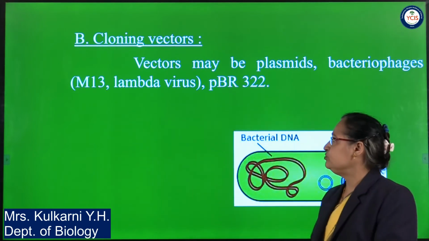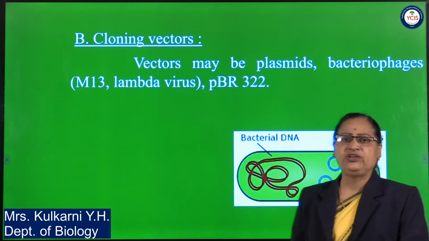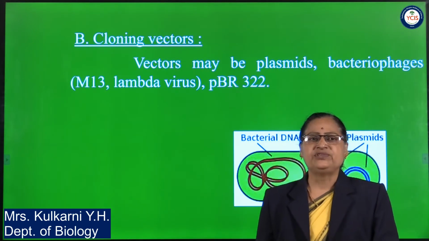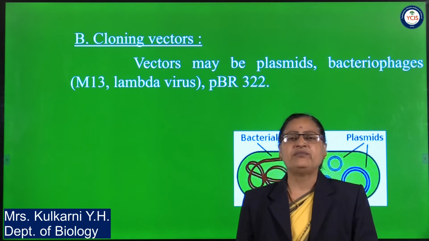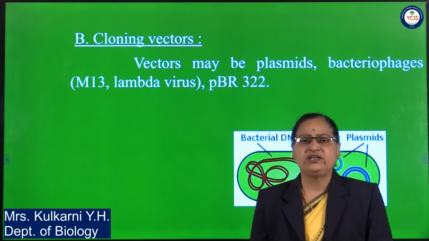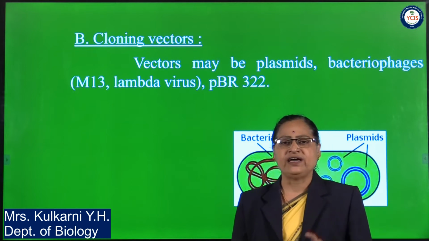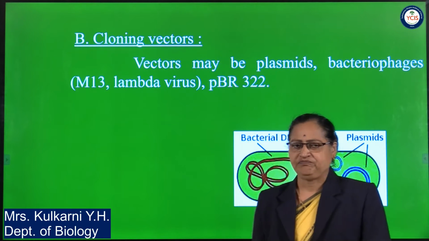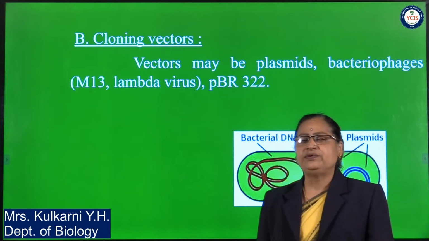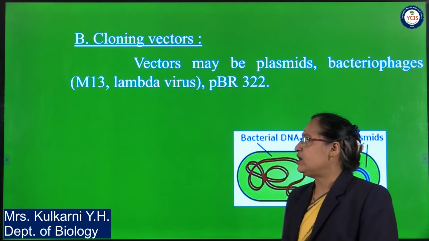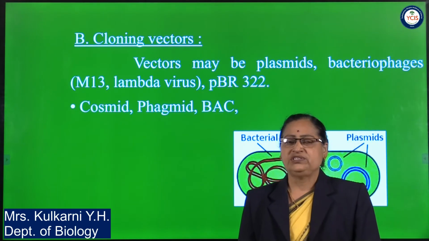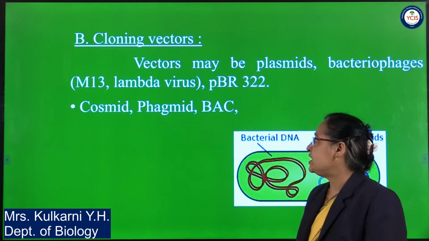Then second to this, bacteriophages. They are used as M13 and lambda phage. Bacteriophages are viruses which infect bacteria. Then different vectors are also used, say cosmid, when there is a larger DNA molecule, then cosmids are used.